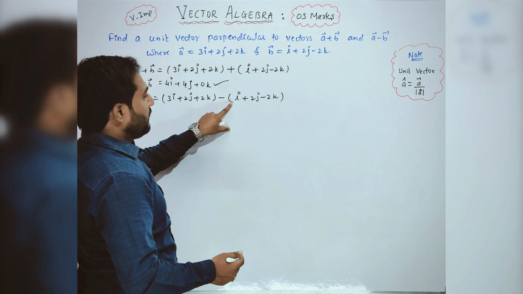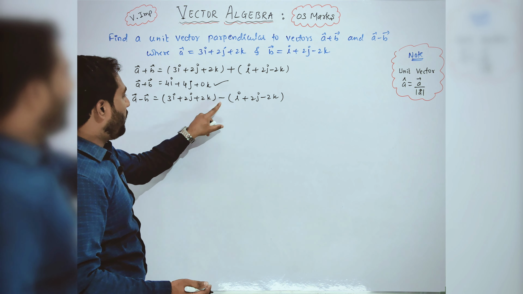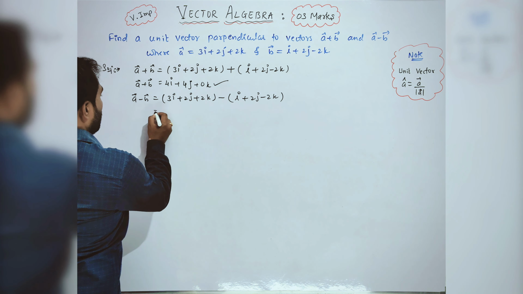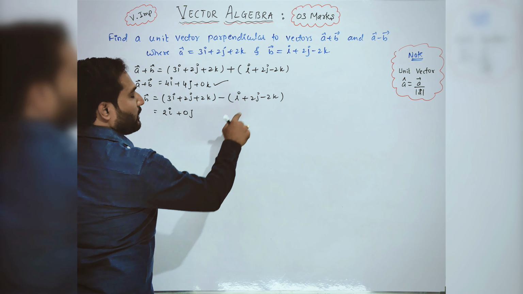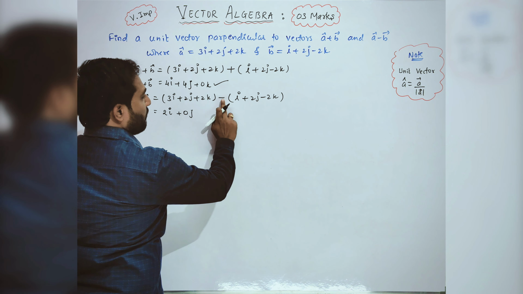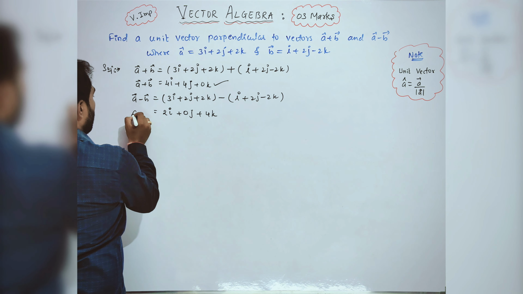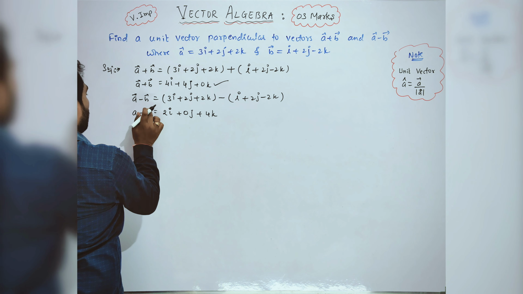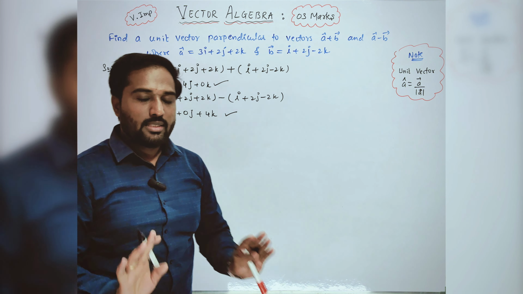The minus is applied to the first term, second term, third term as well. 3i minus i is 2i, isn't it? Then 2j minus 2j, 2 minus 2, 0. Last one, 2k minus of minus 2k, 2 plus 2, 4k. This is your A minus B. This is done now.